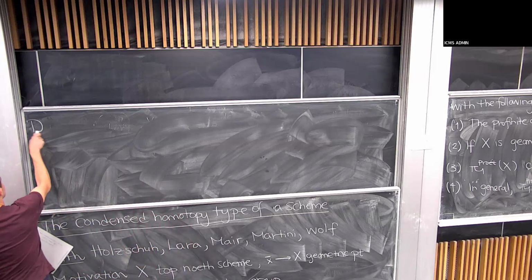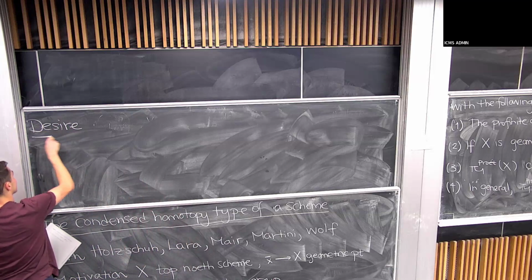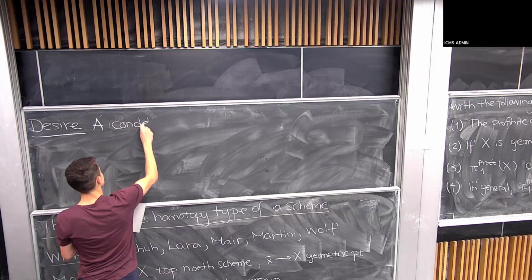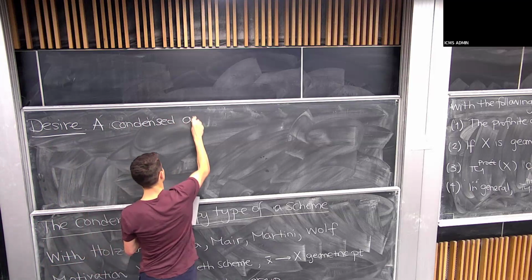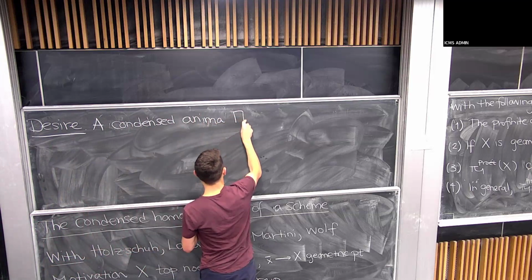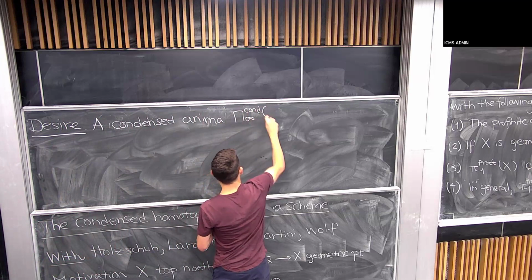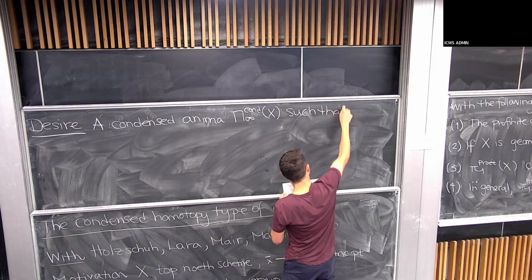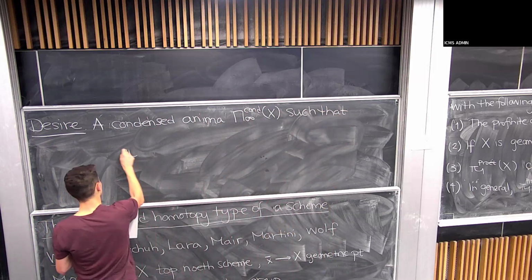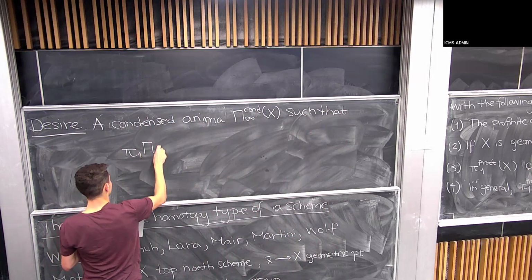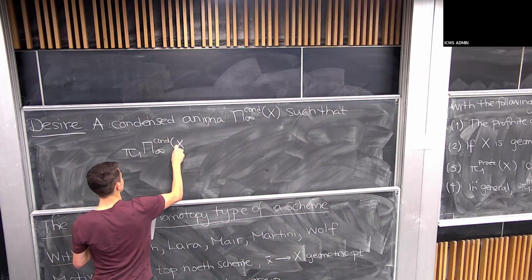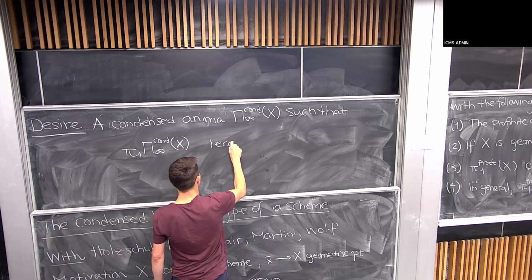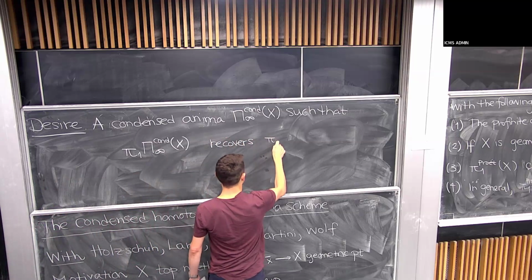And so the desire that you might have is to construct a condensed anima that I call pi infinity cond of x, such that its fundamental group, which is now a condensed group, so that's something like a topological group, recovers this pi1 pro-Étale.